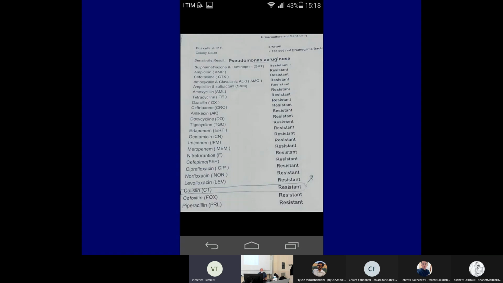The answer is related to the period of treatment when you use an antibiotic. Normally, we use it for 10 days, 1 week, no more.